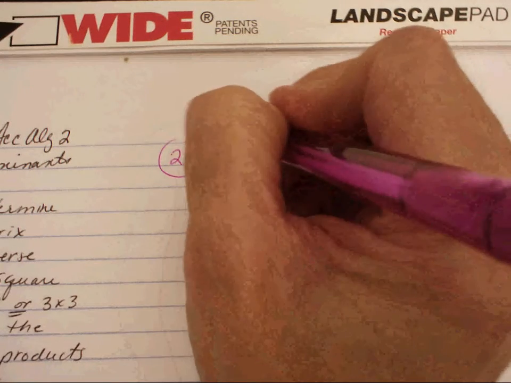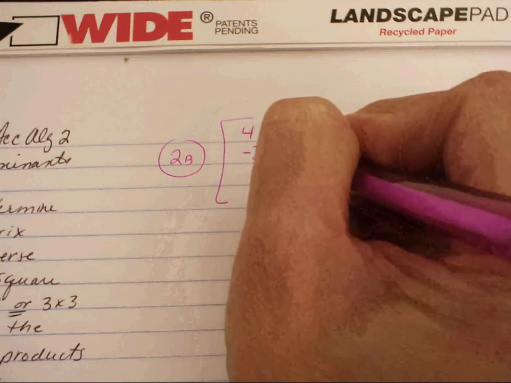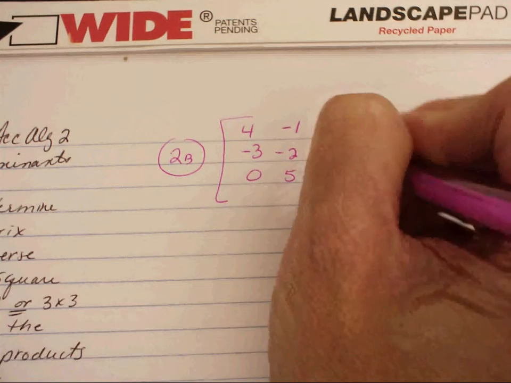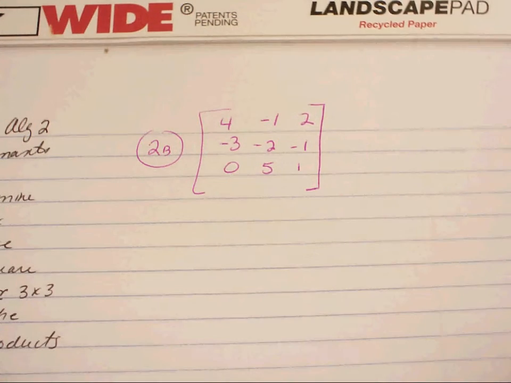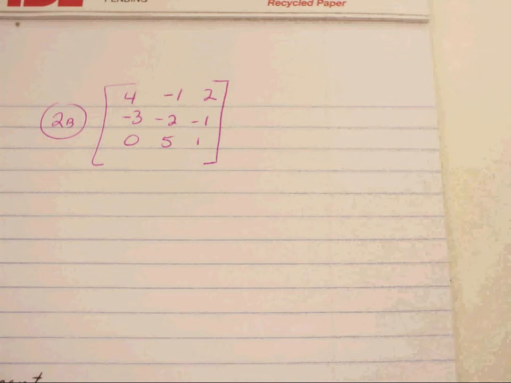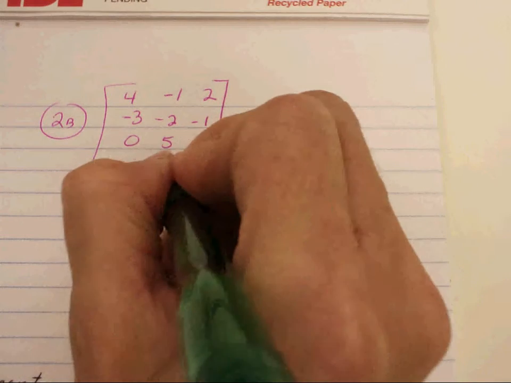Does anybody need more time on 2A before I give you 2B? Anybody? Everybody ready? All right, 2B. The straighter you write your columns, also the easier these problems are to do.